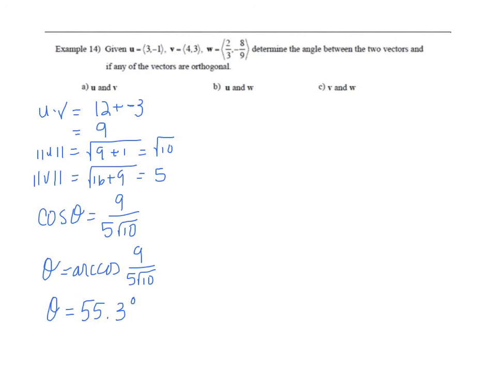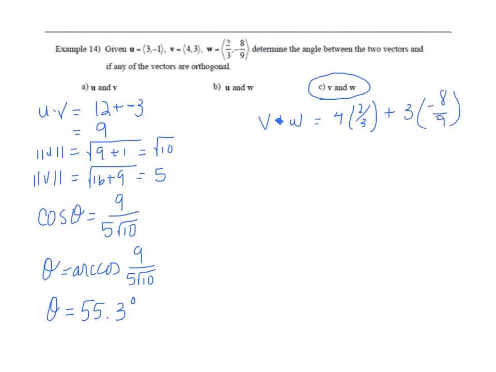The ones with the fractions are done on your notes page, but in particular on C, finding the dot product of v and w, I can't even say it right. I'll write it again. V and w, the dot product of this is equal to 4 times 2/3 plus 3 times negative 8/9.